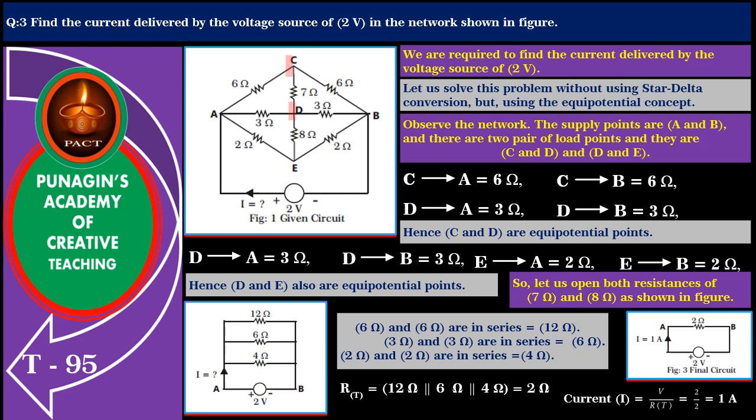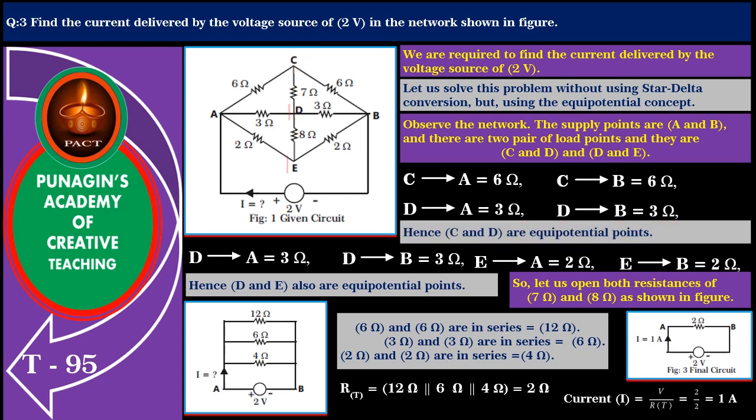First, let us check the load points C and D for their equipotentiality. Path resistance from C to A is 6 ohm and from C to B also is 6 ohm. Similarly, path resistance from D to A is 3 ohm and from D to B also is 3 ohm. Hence, C and D are equipotential points.